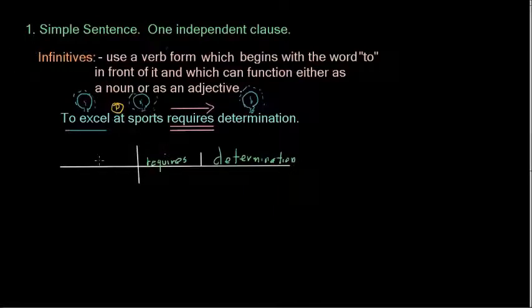And here is what we do with infinitives. As we did with gerunds, we build this little platform here. But instead of a stair step, we have a diagonal line that comes down, and then a horizontal line going across.